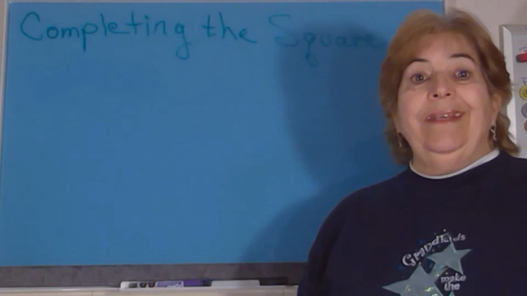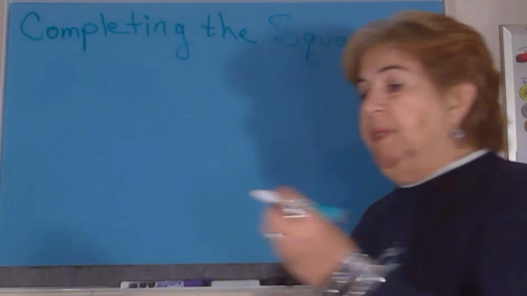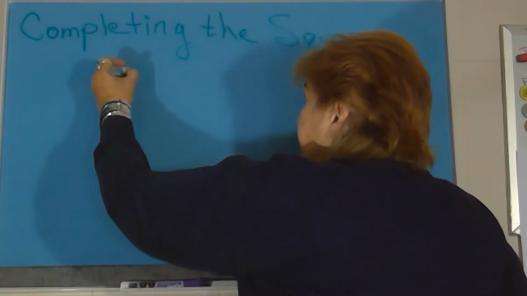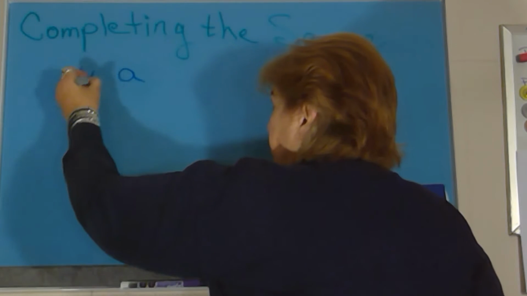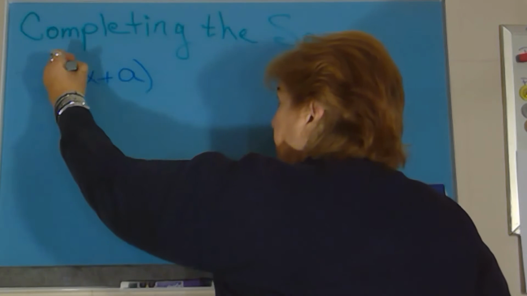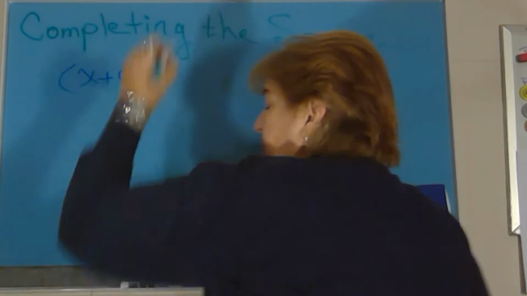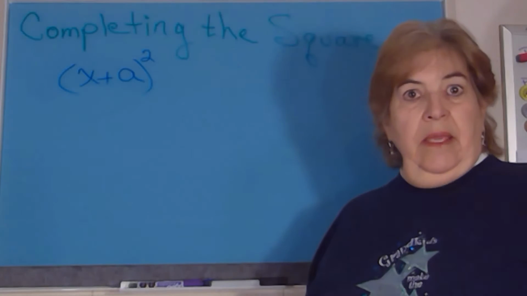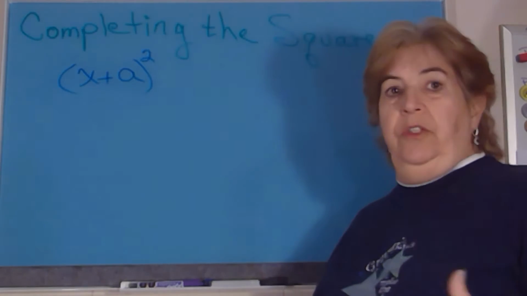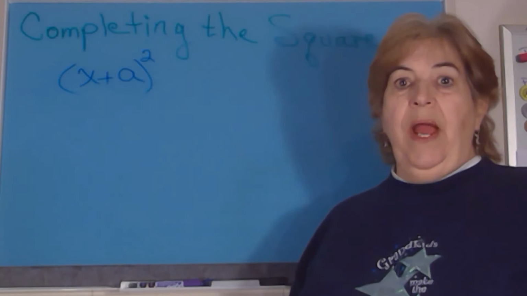What we want to end up with when we complete the square is a binomial squared. And when we end up with that, it will be easy to use that to solve a quadratic.